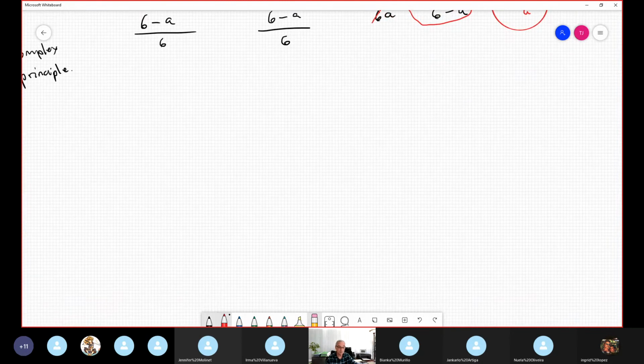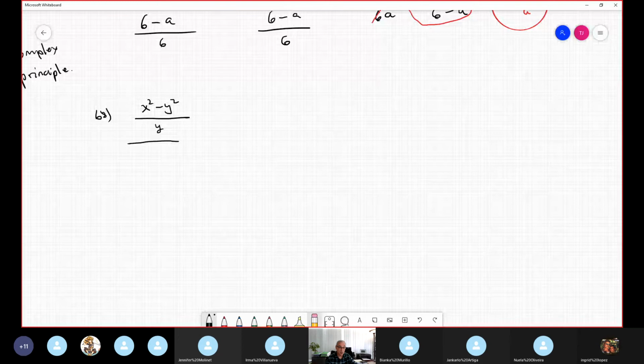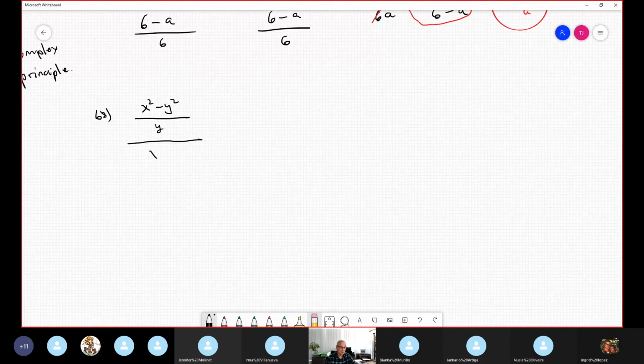68 is x squared minus y squared divided by y, divided by, wow, it's division over division again. Crazy. x minus y, divided by y cubed. Okay, this is easy.